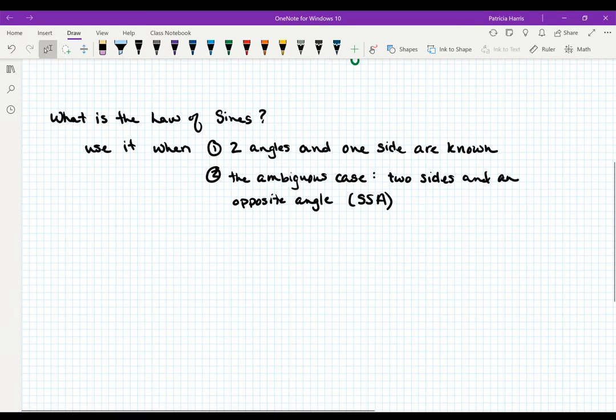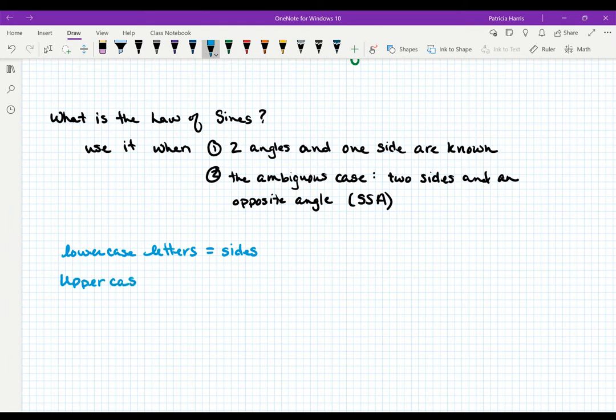Okay, so the formula for law of sines, it looks really long and it looks kind of complicated, but it's really not. It's a proportion. Okay? Remember, lowercase letters are sides of a triangle, and then uppercase letters are angles. Okay?